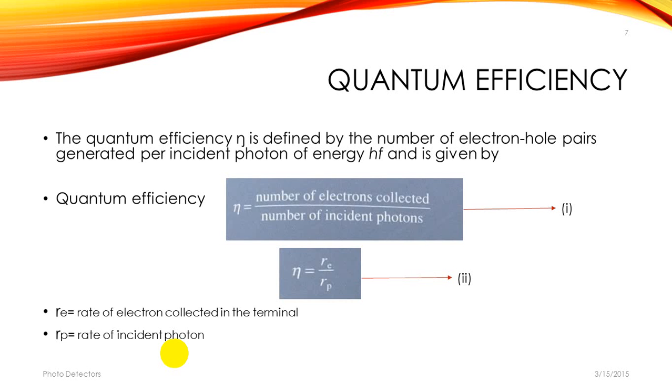For example, a quantum efficiency of 75% is equivalent to 75 electrons collected per 100 incident photons. Finally, in common with the absorption coefficient, the quantum efficiency is a function of the photon wavelength and must therefore only be quoted for a specific wavelength.